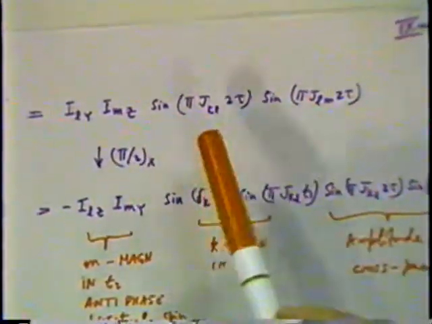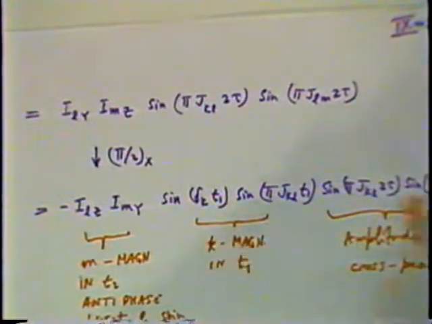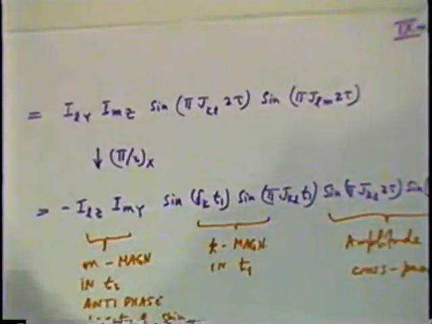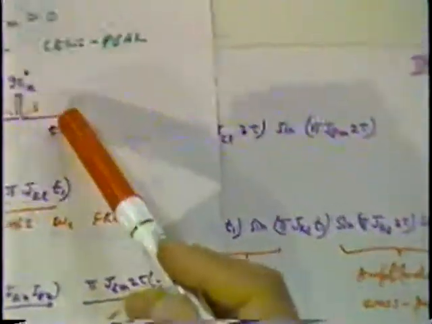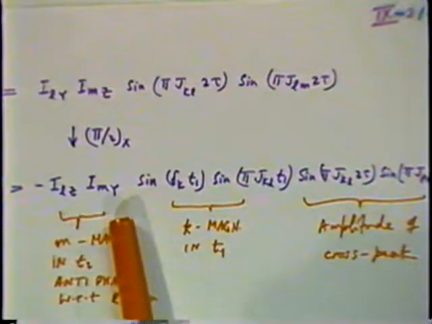And the starting point, if you remember, was K magnetization. After I apply a 90-degree x pulse and get to point number 5, this operator transforms to LzMy.